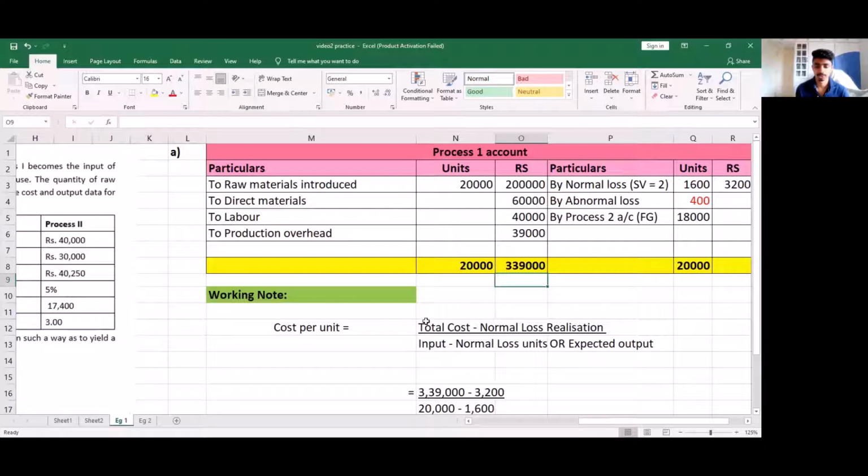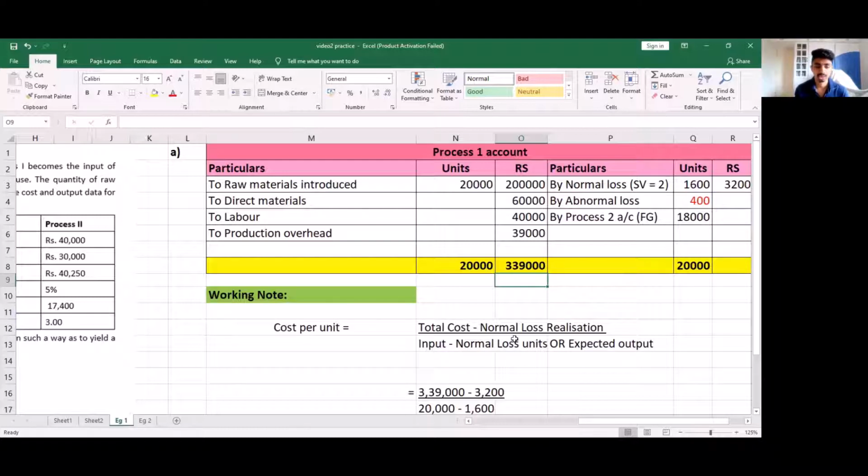So for our cost per unit, we take 3,39,000, that is the total cost, minus normal loss realization, that is 3,200, divided by input units 20,000 minus normal loss units, that is 1,600. We get 3,35,800 by 18,400, which gives us 18.25.